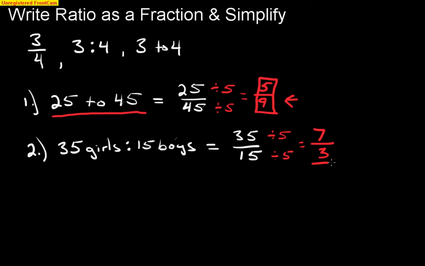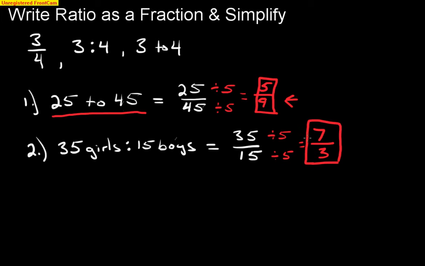So let's look at 7/3 and make sure that it is simplified all the way. Other than 1, is there a number that will go into 7 and 3? In this case, 2 won't go into 7 evenly, and 3 won't go into 7. So yeah, it's simplified. One of the things I forgot to do in the first one, I forgot to put my units back in, but this one did give units.